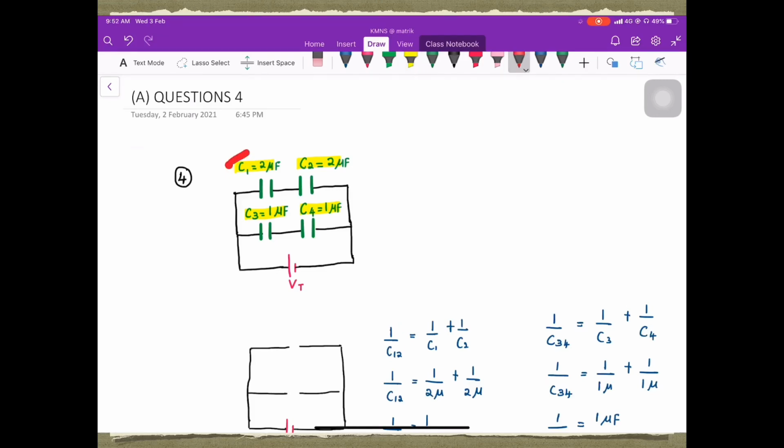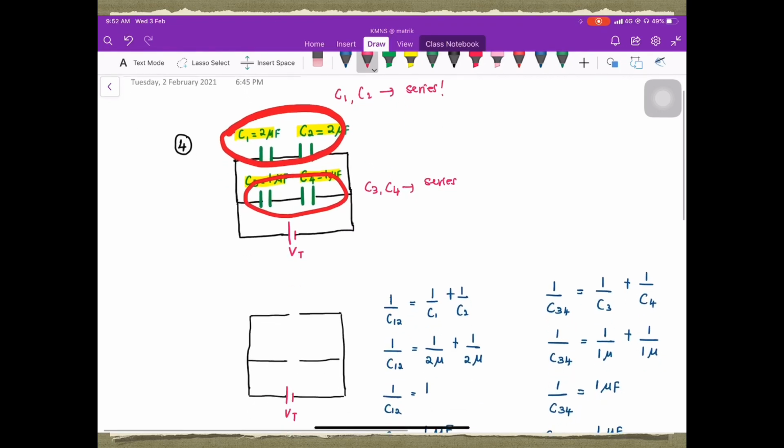C1 and C2, C3 and C4. So this combination C1 and C2 is series, and then the combination C3 and C4 is series.